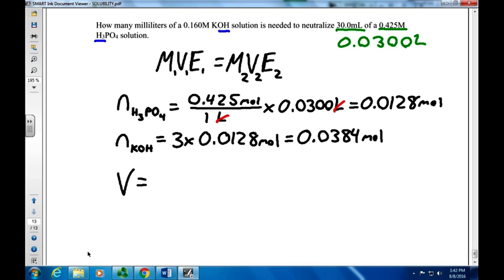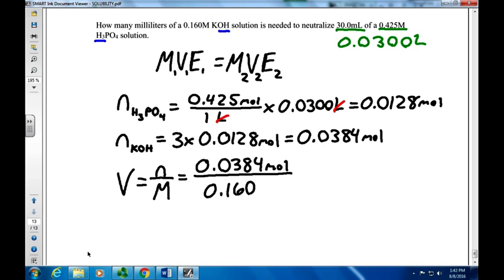Volume is equal to the moles divided by the molarity, simply manipulating the molarity formula, which in turn means that 0.0384 moles divided by 0.160 moles per liter, which is the same as saying 0.160 molar, equals 0.240 liters.